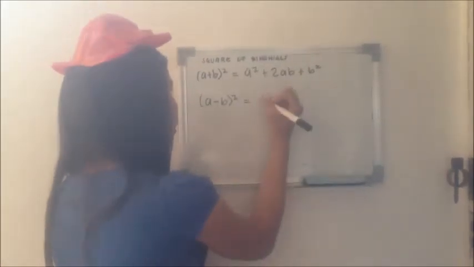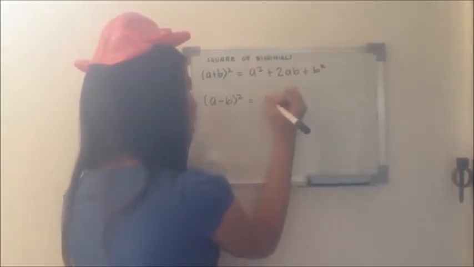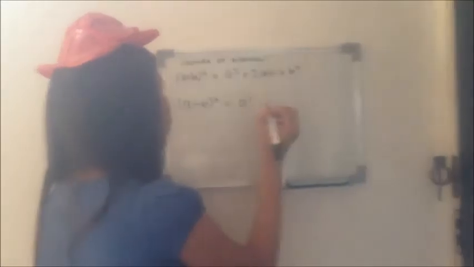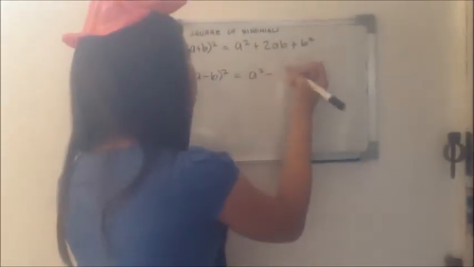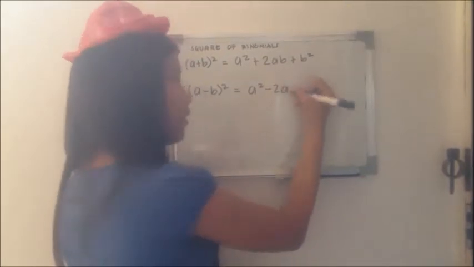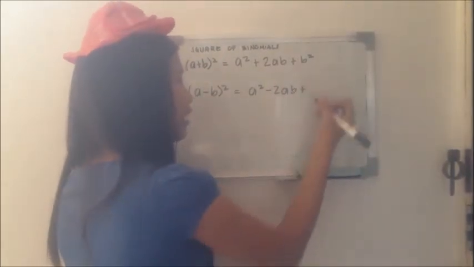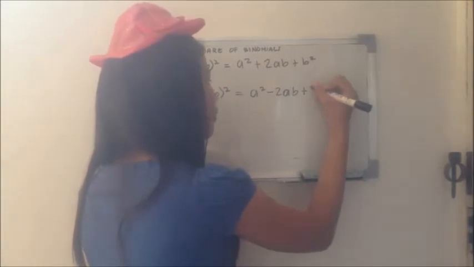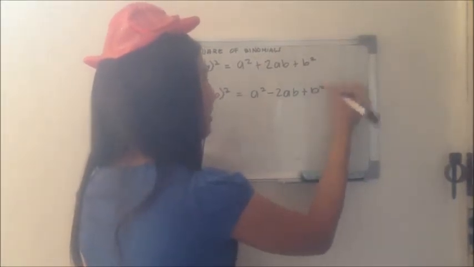In here, the answer for this is the square of the first term minus twice the product of the first term and the last term plus the square of the last term.